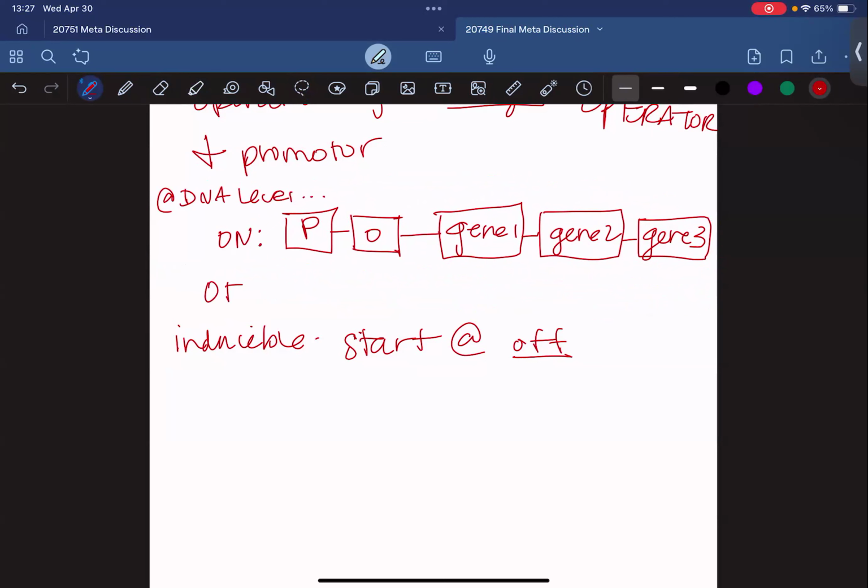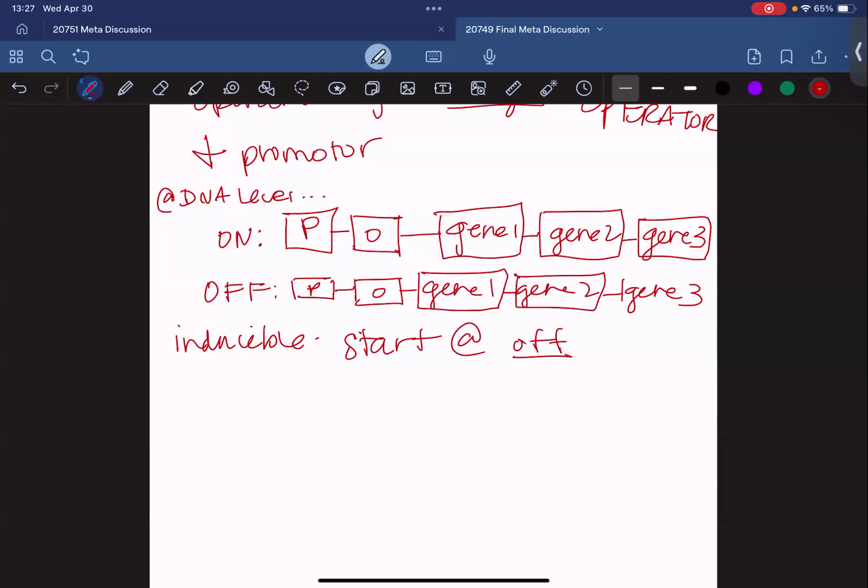This is what on would look like, and this is what off looks like, no matter what kind of operon we're talking about. All righty.